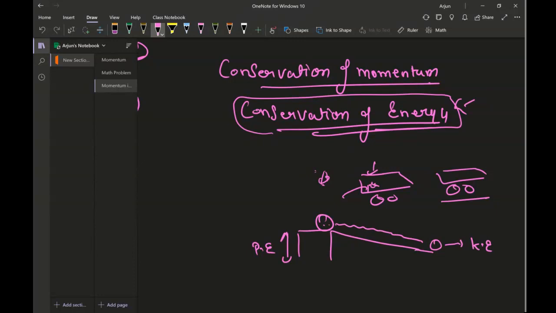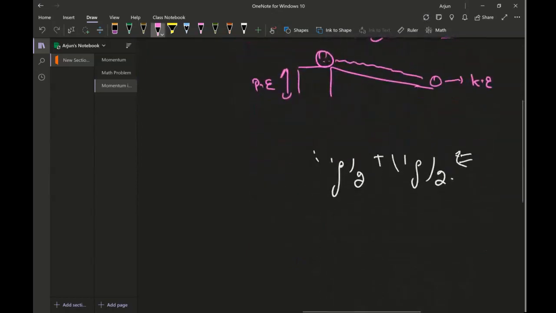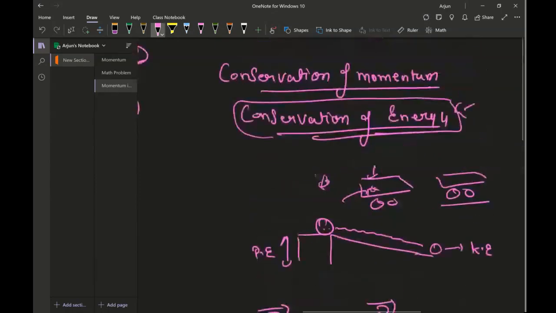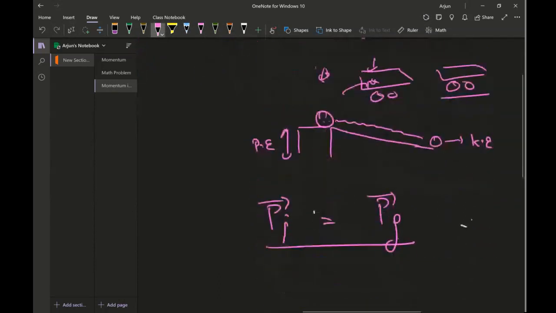In the same way, conservation of momentum means that whatever the initial momentum of the system is, P initial, will be equal to P final. Generally, when we talk about the conservation of momentum, we talk about it in collisions.